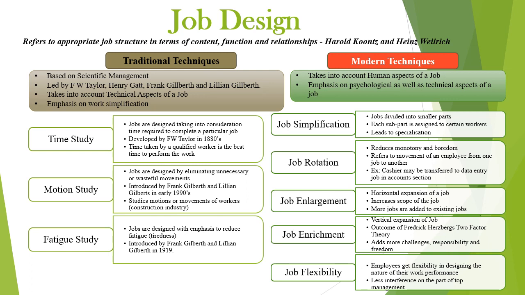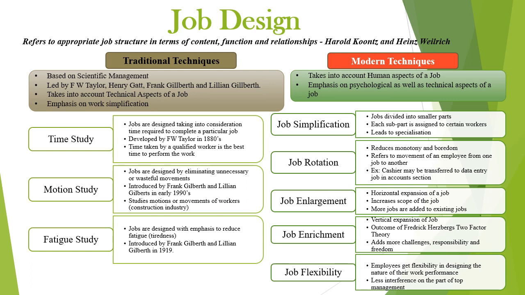Modern techniques take into account the human aspects of a job. If traditional techniques took over the scientific management of the job, the modern techniques took into consideration the human aspects of the job. In traditional techniques, more emphasis was given to work simplification, whereas in modern techniques, more emphasis is given to psychological as well as technical aspects of a particular job.